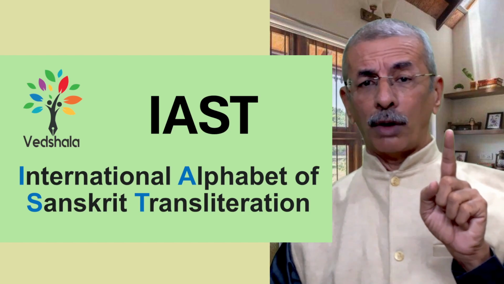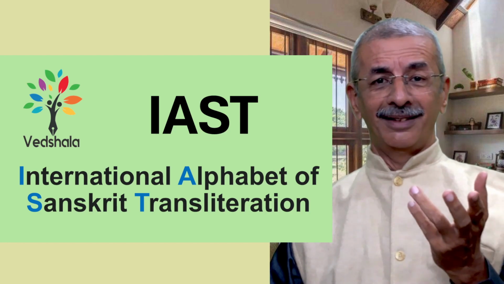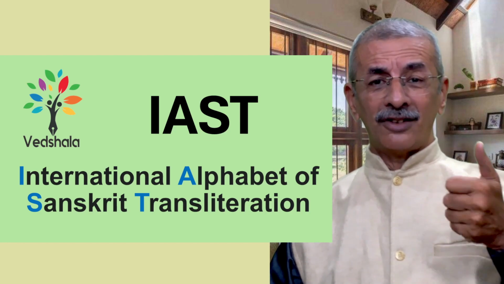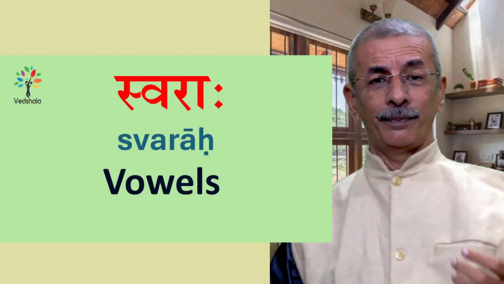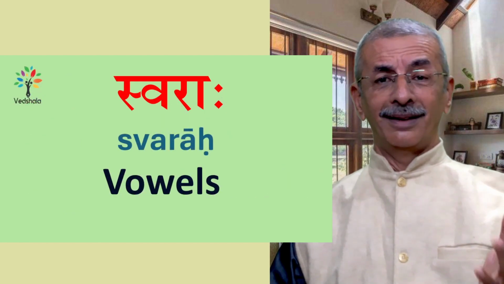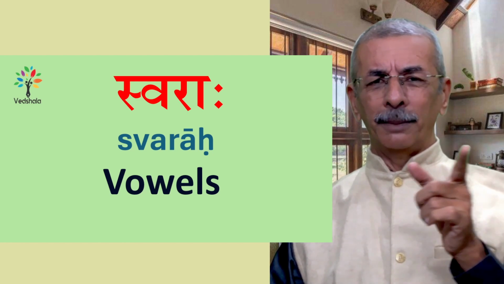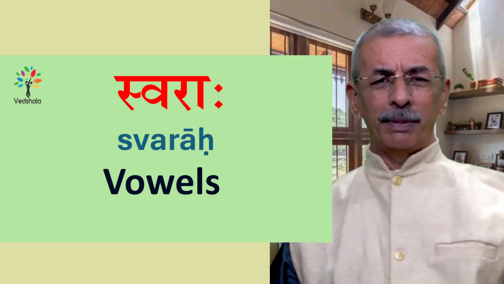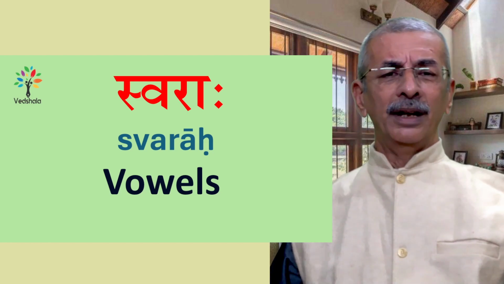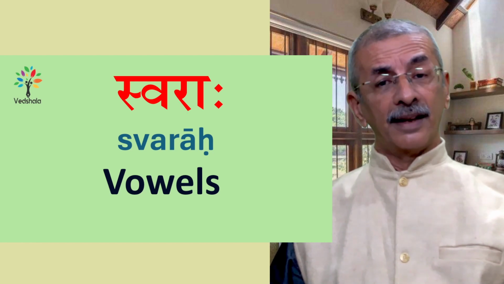To consider vowels, we have to understand what vowels are. In Devanagari, it starts with a. Vowels are called swaraha. Now, in between lines, the blue color that you see, specifically, is written in the IAST script.